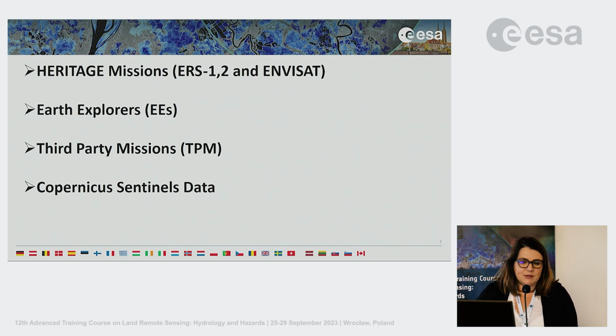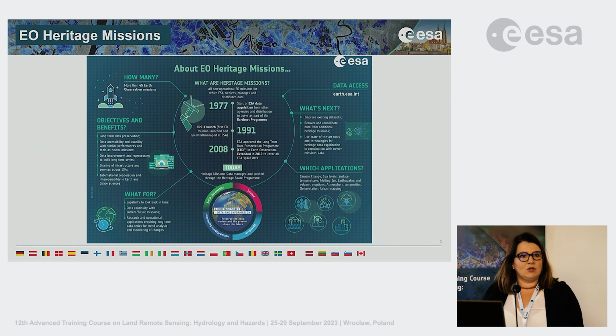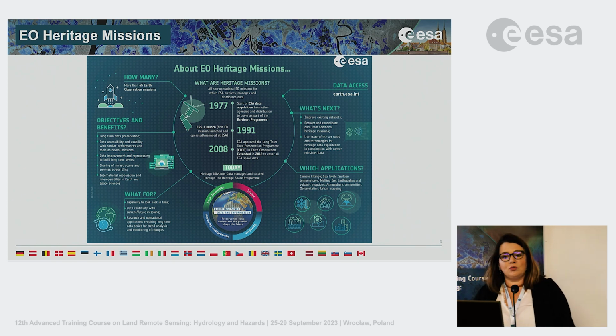We also have the Earth Explorers that you heard about before, and we also have third-party missions. The heritage missions are all the missions that are not operational anymore. They are Earth observation missions that are not working anymore. But ESA is in charge of keeping the archive of the data, the long-term data preservation program, and distributing the data to the users.